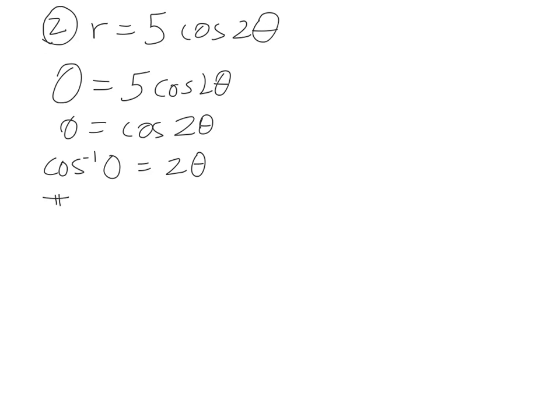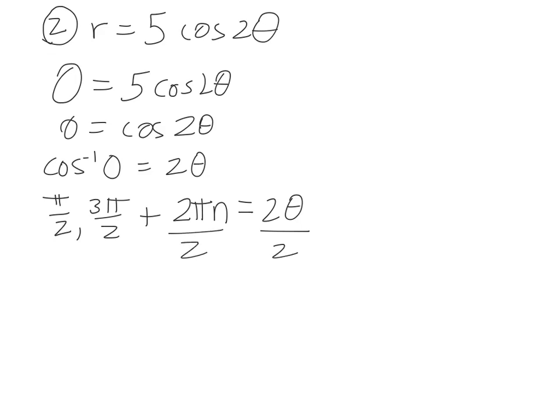So that's going to be at pi over 2, and then at 3 pi over 2. Adding the period onto that, the period of the cosine is 2 pi n. And then we have to divide by 2 to get theta by itself, so we divide everything by 2, or we might want to think of multiplying everything by a half. So pi over 2 times a half would be pi over 4. 3 pi over 2 times a half is 3 pi over 4. And then we're adding multiples of pi n.